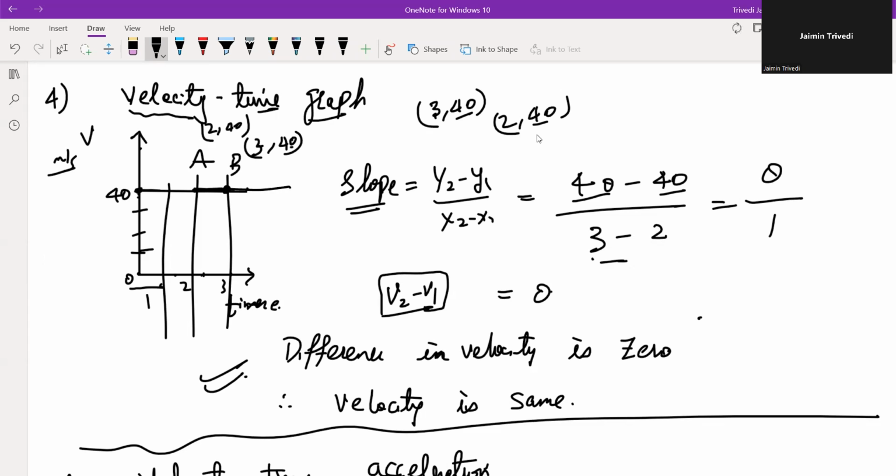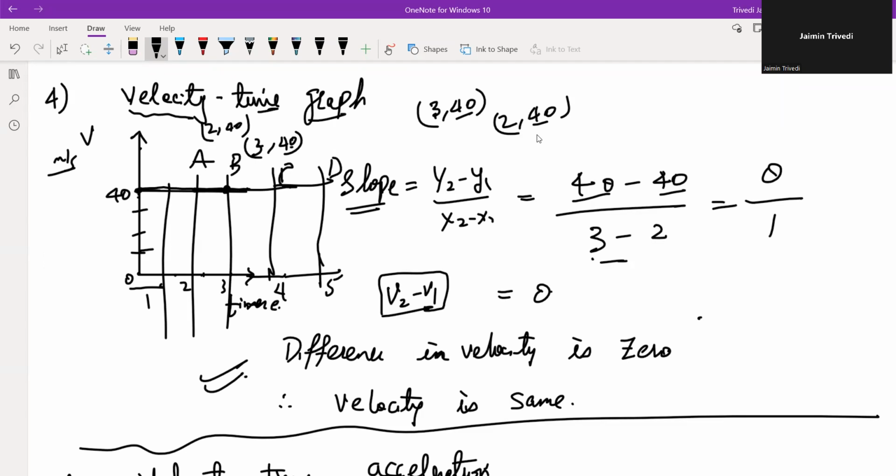See this line, if I take one more point here, it will be C, and again it will be 4. If I take one more point, D, this will be 5. Still it is 40, 40, 40, 40. Time is increasing 1, 2, 3, 4, 5, but velocity is not increasing. It's 40 only.